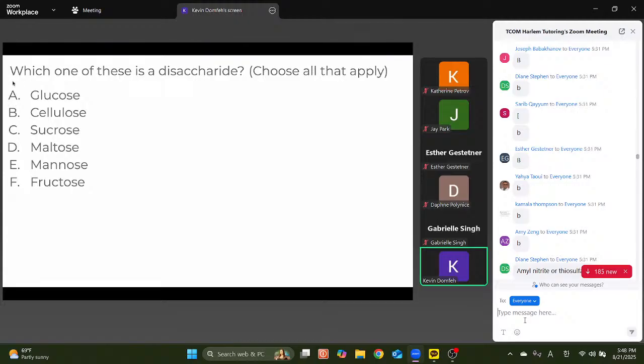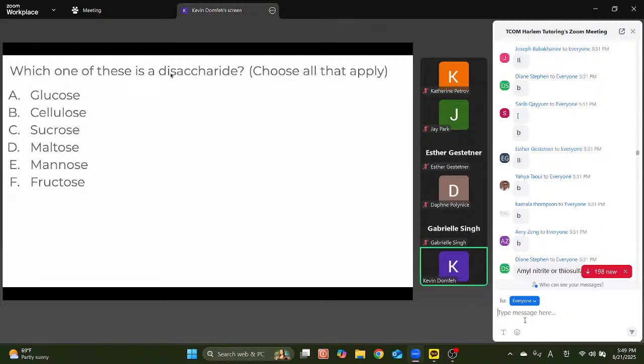All right, which one of these is a disaccharide? I see one answer choice, so that's already wrong because there's two. Oh, three? It's not three. It's only two of them. I see C, D, and E.